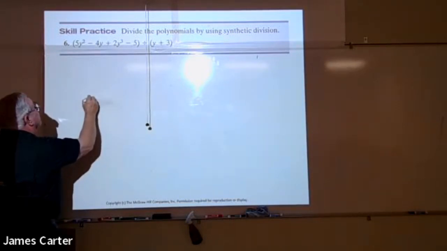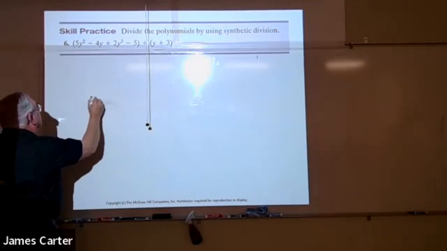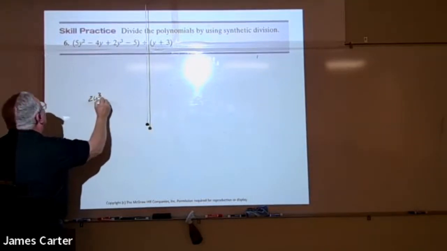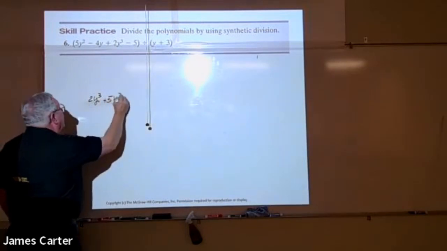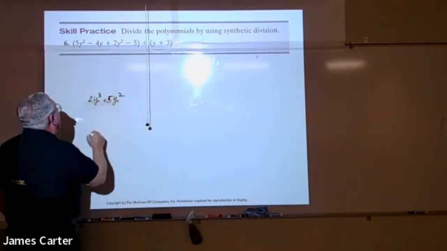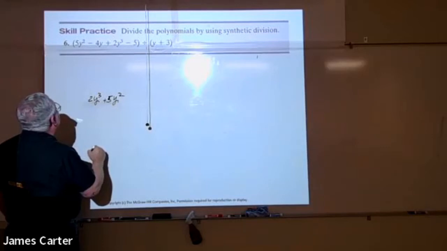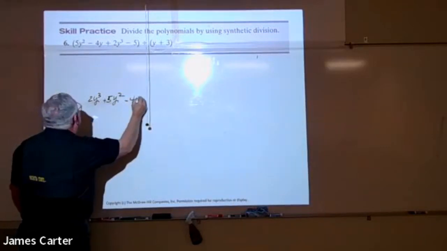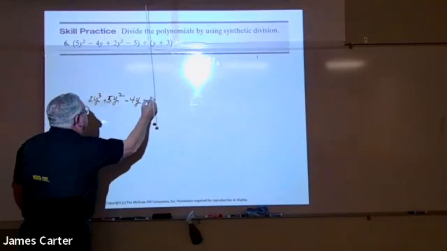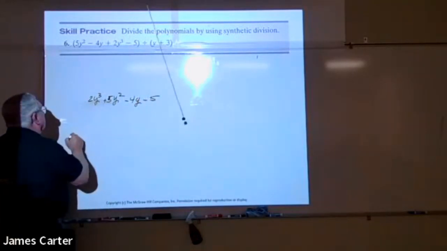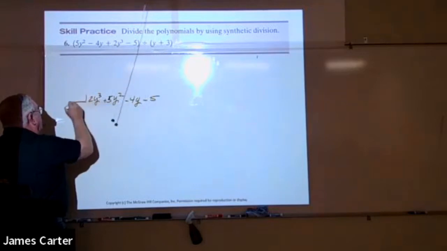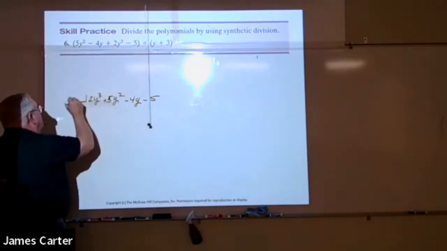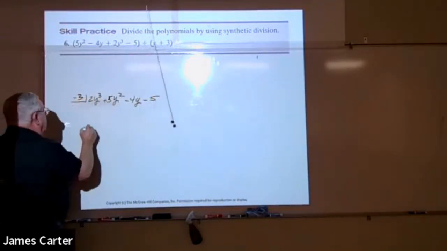Highest power is y cubed. 2y cubed, and then plus 5y squared, and minus 4y minus 5. And what am I going to divide by? Negative 3.